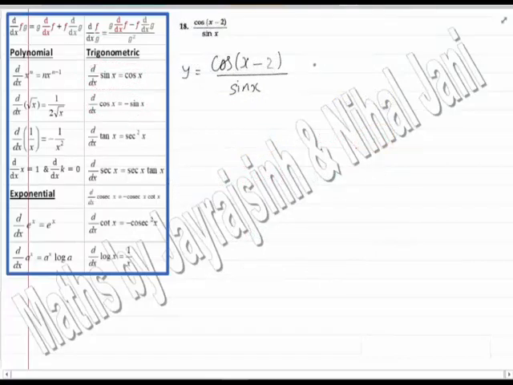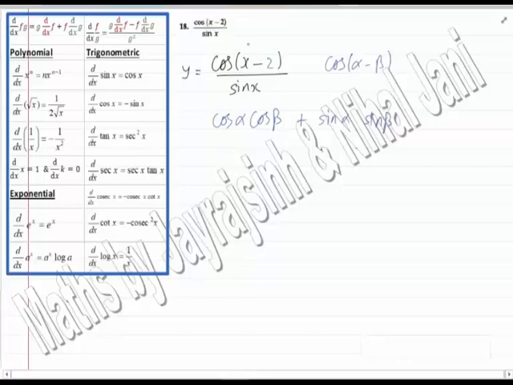Welcome to the last question, question number 18 of the first section. We have (cos(x minus 2)) upon sin x, and as you know, we have to simplify the numerator before applying differentiation, and to simplify the numerator we should use the formula for cos(alpha minus beta), which is cos alpha cos beta plus sin alpha sin beta, right?